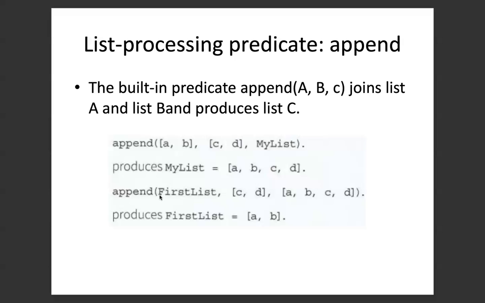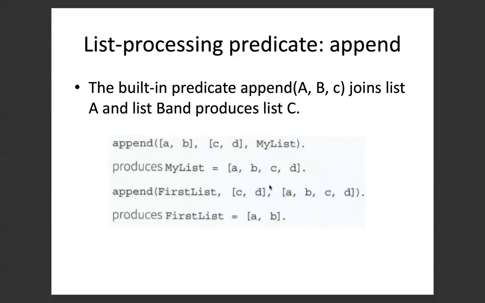Similarly, say my append predicate is run this way, and as you can see here, this is a variable. I don't know what this is. And the same thing, this was also a variable. Now this is a variable: something that, when appended to this list, produces this complete list. Obviously, I know the complete list and I know the second part of this list, but I don't know the first part.